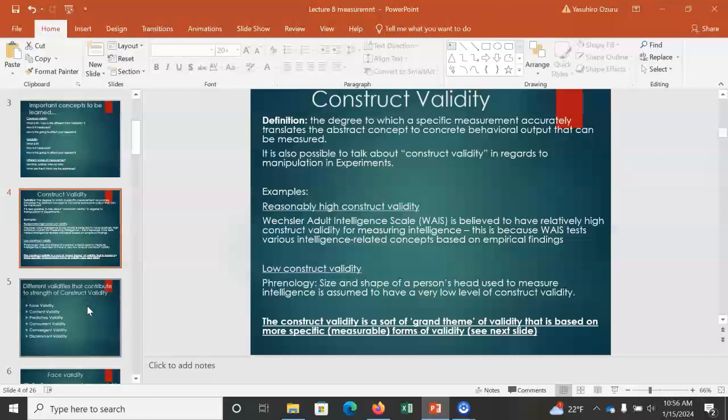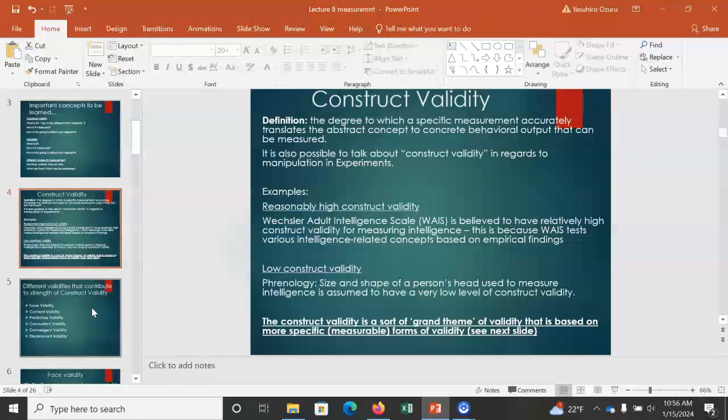Construct validity is a sort of grand theme of validity, and it's based on many more specific measurements of validity. Construct validity cannot be directly measured, so it needs to be assessed using more specific kinds of validity.